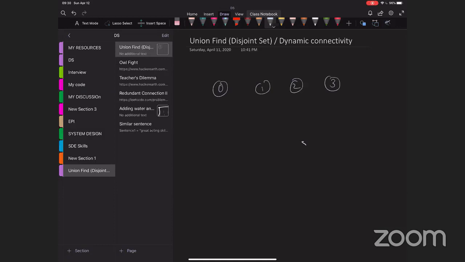So I'm just drawing a few nodes, and I'm making a few connected, right? So the dynamic connectivity problem, or union find, helps us do basically two things. It lets me connect two components.